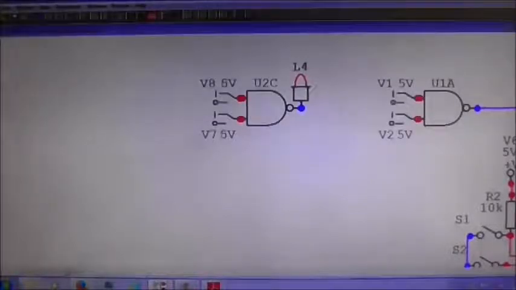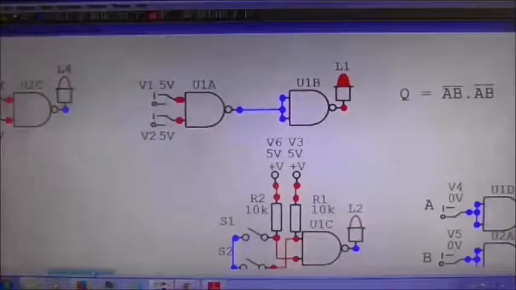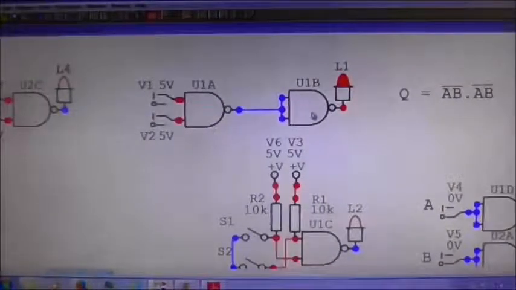However, there's something a little clever we can do using multiple gates. And what we've got here is an AND gate made from NAND gates. And it works in the inverse. Only goes high when both inputs are high.